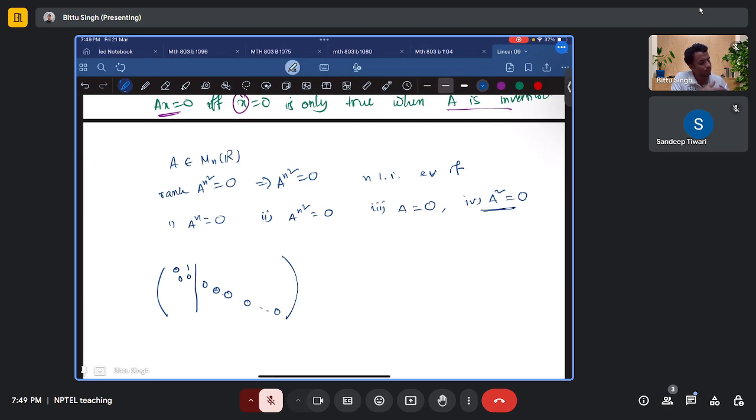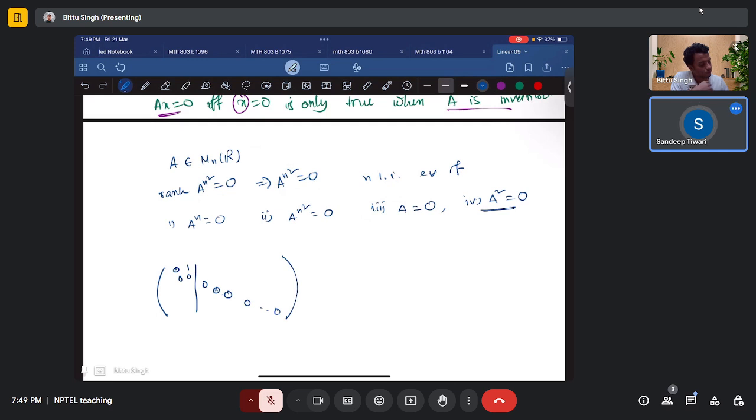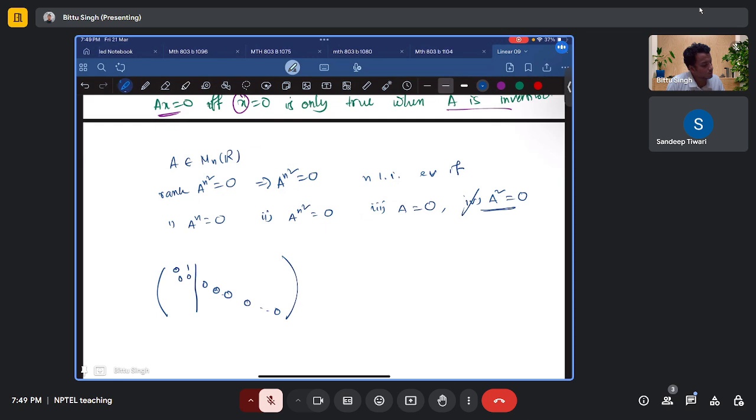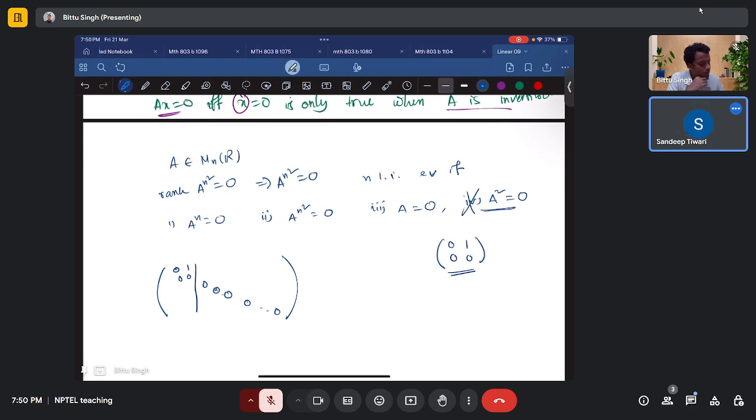This is not true because you can take this counterexample: 0, 1, 0, 0. It is a 2 by 2 matrix, so take n equal to 2. It satisfies A square equal to 0, but it has only one eigenvector.